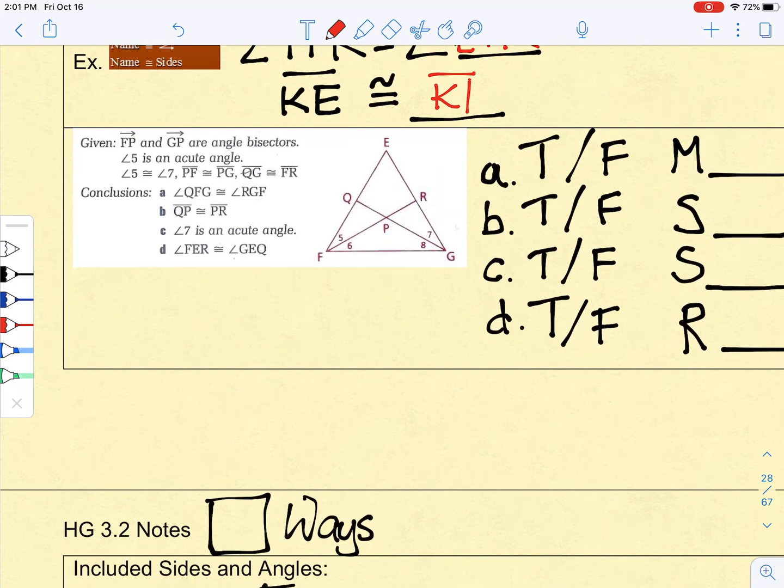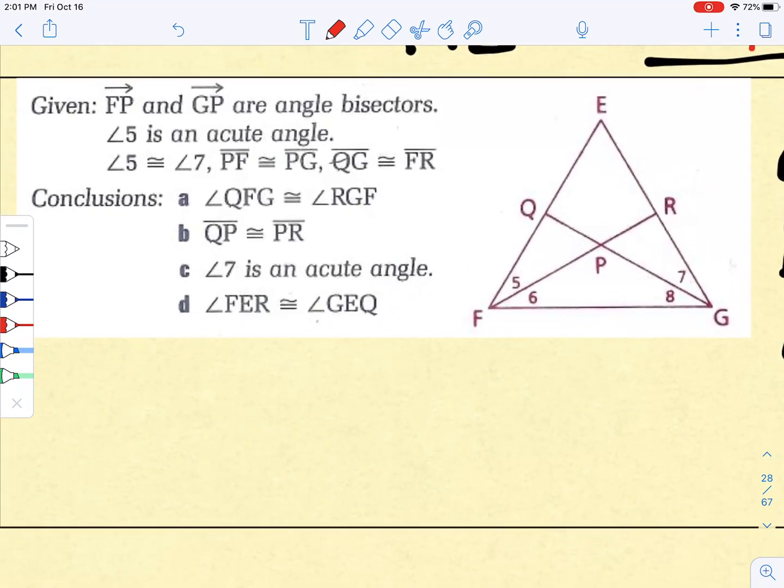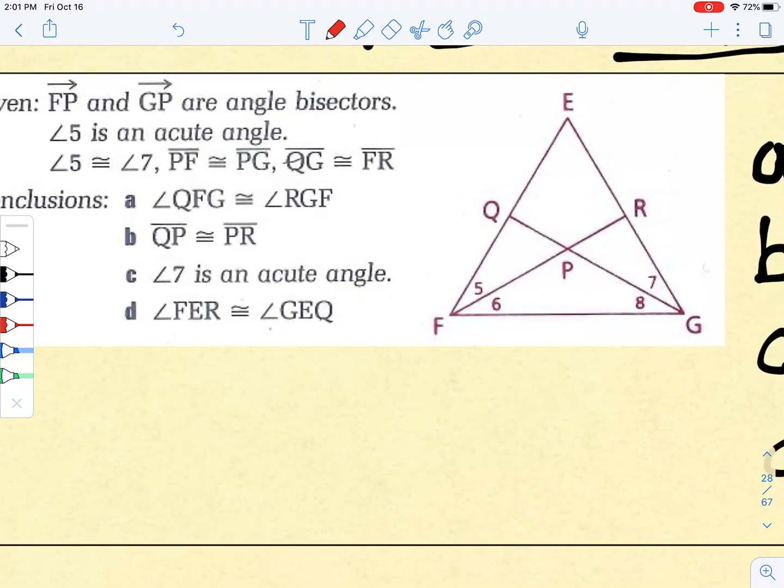Now here we're given a diagram and we're given some information, and we need to state true or false for each of these statements that they're given to us. Let's zoom in on the diagram to see what information they've given us. FP, that ray right there, bisects this angle and this angle.